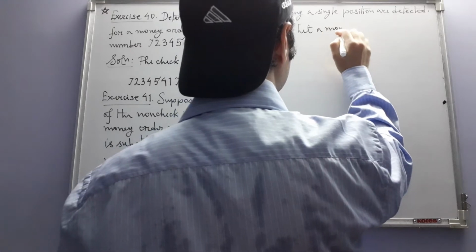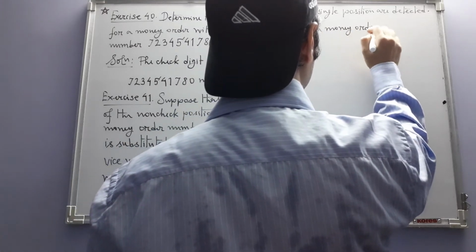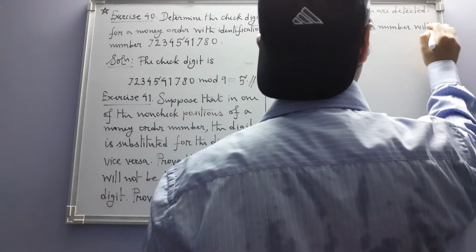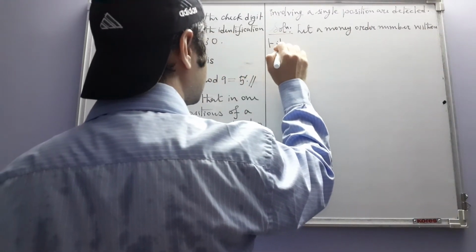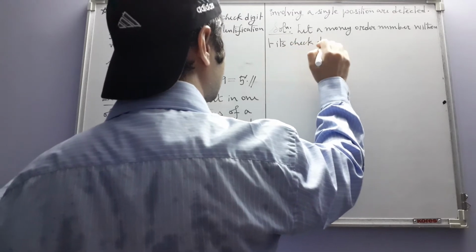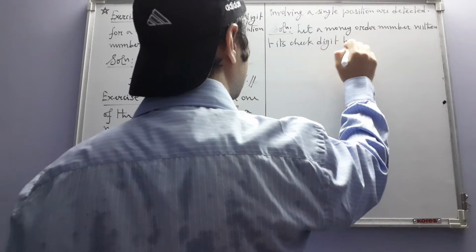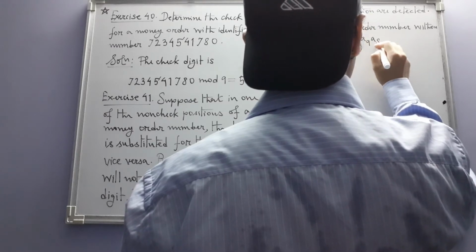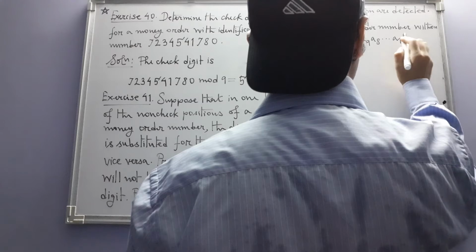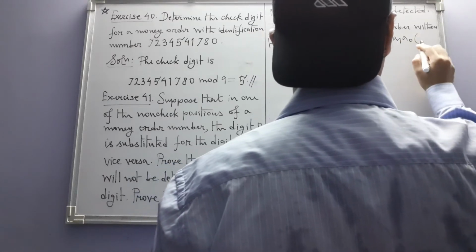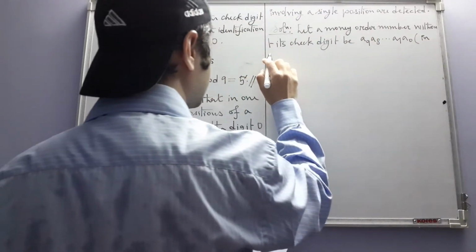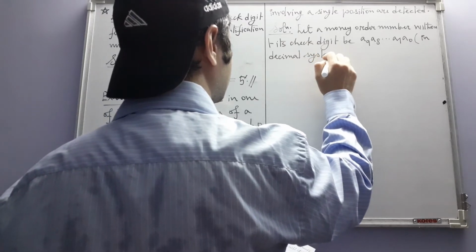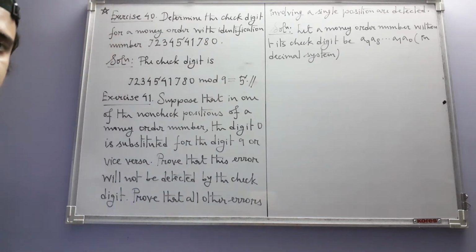Let a money order number without its check digit be this number A9, A8, etc. up to A1, A0 in the decimal system. It has 10 digits.